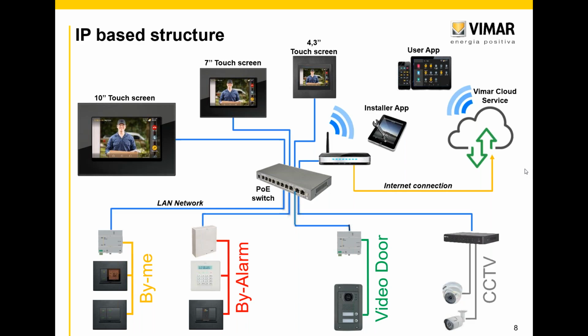So we talk about a cloud connection, no more adjustments and settings to do on the router. And using the Wi-Fi or the cloud, it is possible to control the system as a user with the tablets or PC, or the installer can also do the remote maintenance and the first commissioning.